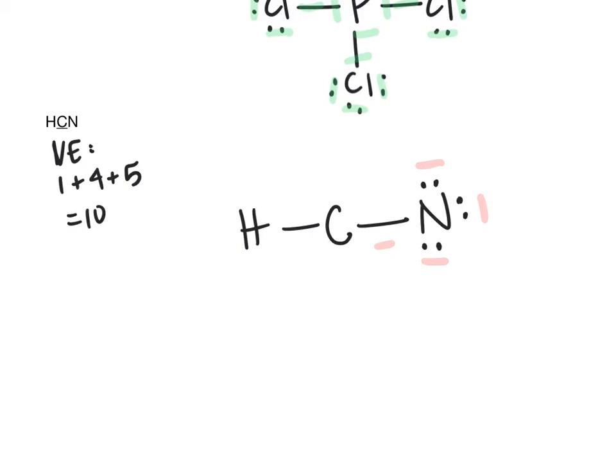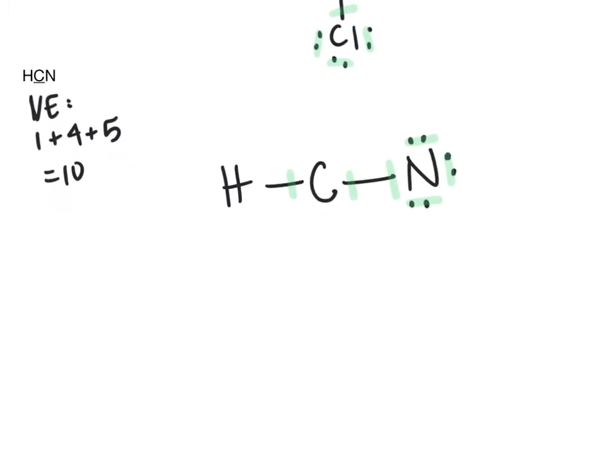So I'm going to come back through and erase all of the red lines so that they're not confusing, so that we can calculate octets. Nitrogen has 2, 4, 6, 8. We're good to go. Carbon has 2, 4. So carbon does not have an octet, but nitrogen does. So we're going to need to create more than one bond between them.